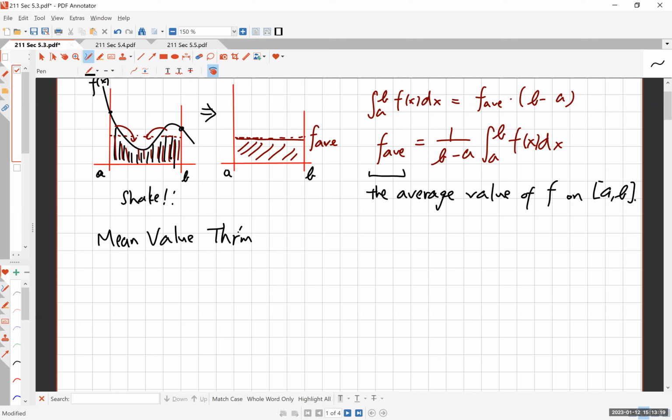No, not quite. The mean value theorem for integrals. We already had the mean value theorem, right? So the mean value theorem for integrals, what does it say?